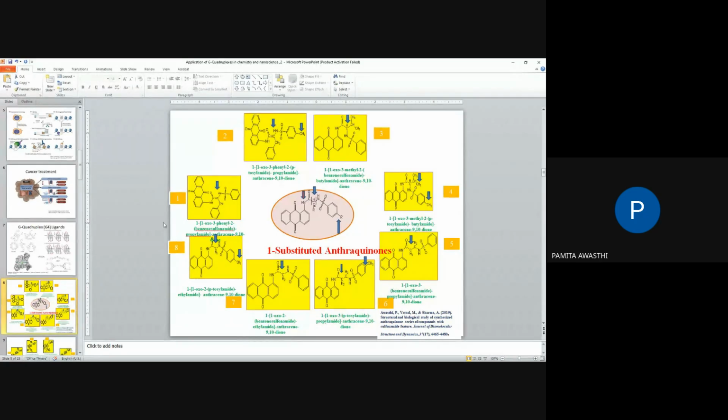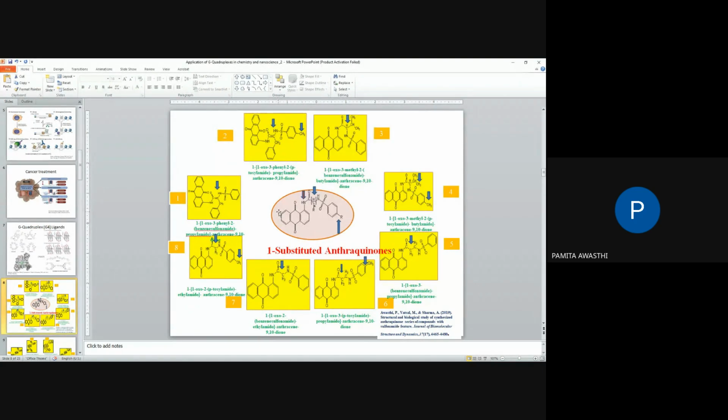So as I told you, we need a planar aromatic ring. This is a planar aromatic ring in order to have a pi to pi interaction with the DNA. And which has been confirmed by various studies from the last 15 to 20 years, that it is mandatory in order to have a stacking interaction with the receptor site.